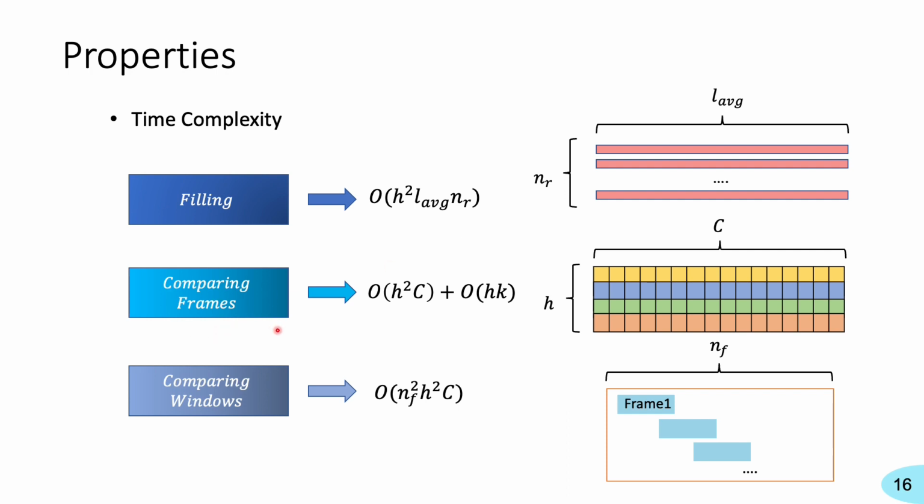The time complexity of comparing two frames is O of H squared times C plus H times K, and the time complexity of comparing two windows is O of NF squared times H squared times C.